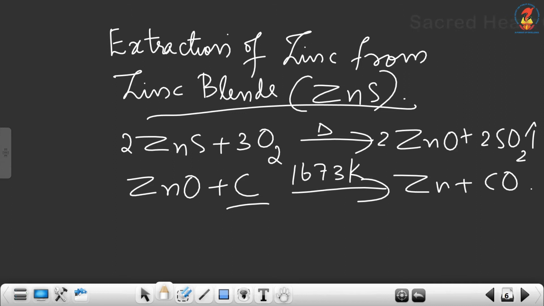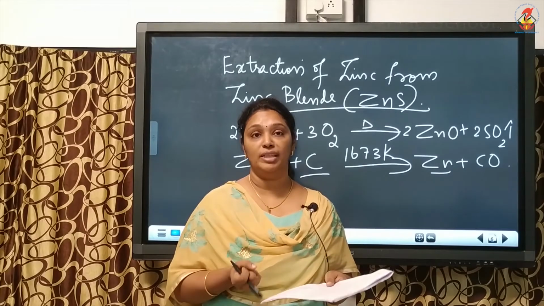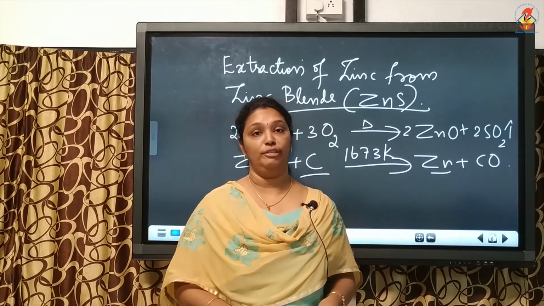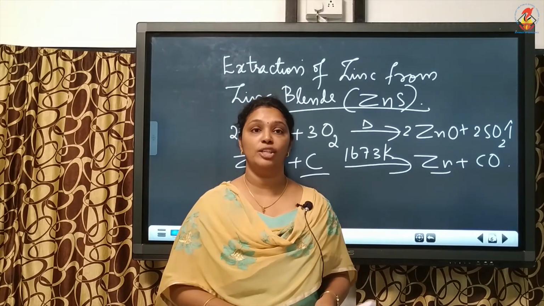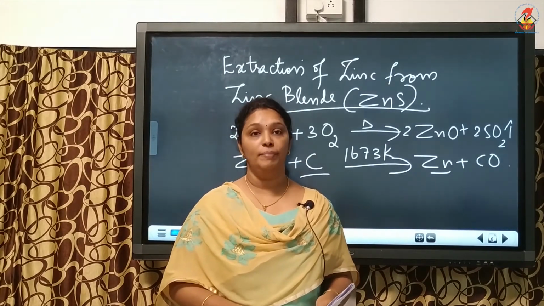Now, the zinc metal obtained is distilled off and collected by rapid chilling. And to get pure zinc, the refining method used is electrolytic refining. So, this is the extraction of zinc from zinc blend.